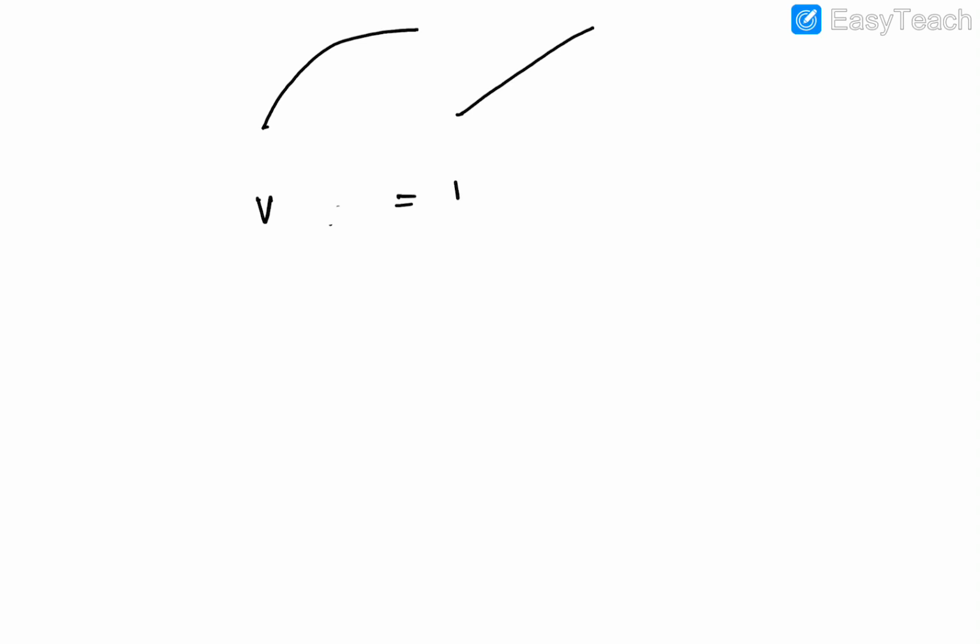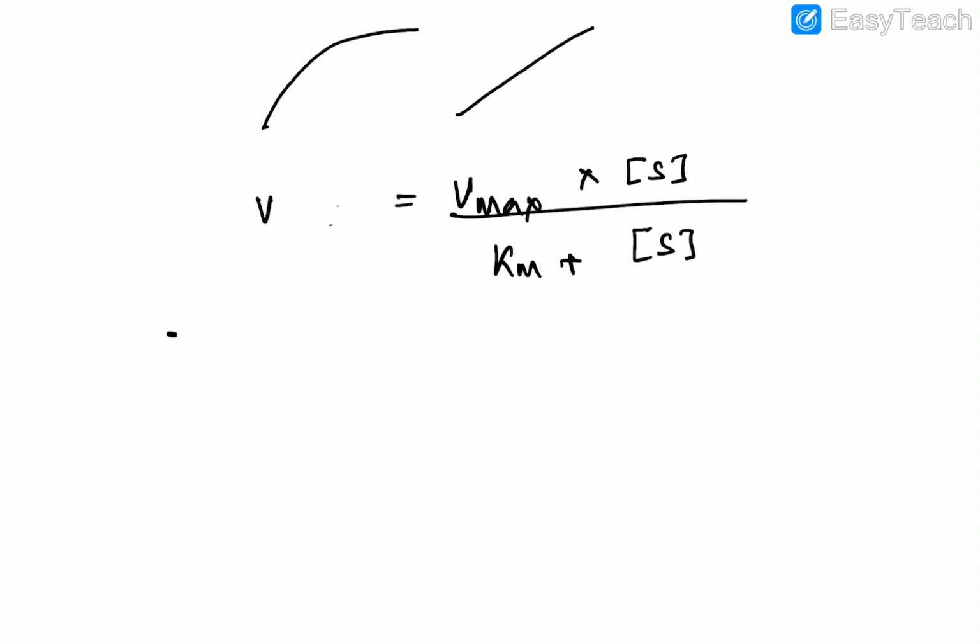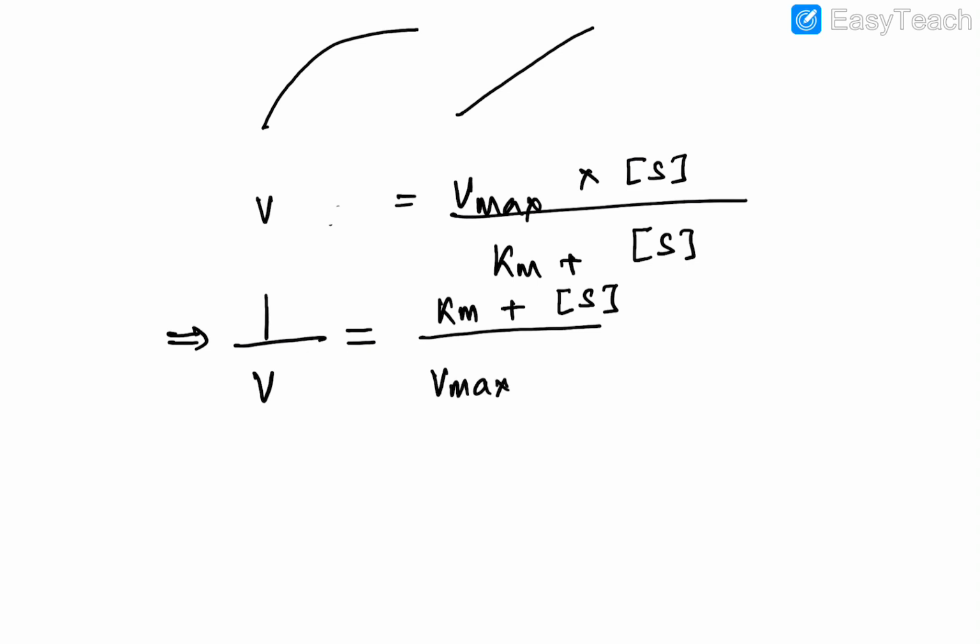Velocity is equal to Vmax into substrate concentration by Km plus substrate concentration. So we reverse the equation: 1 by V is Km plus substrate concentration, and on the other side, by Vmax into substrate concentration.